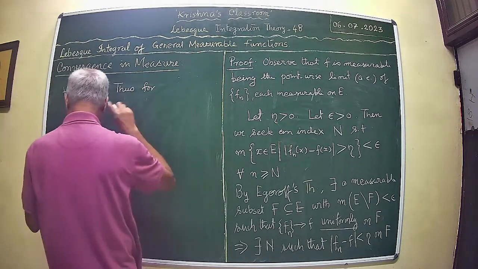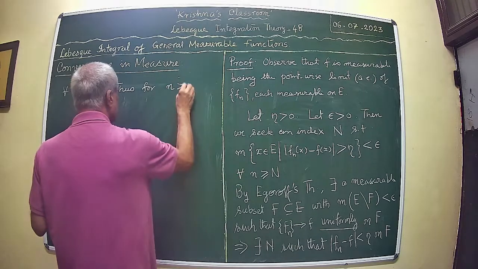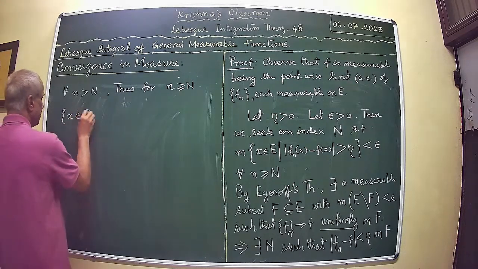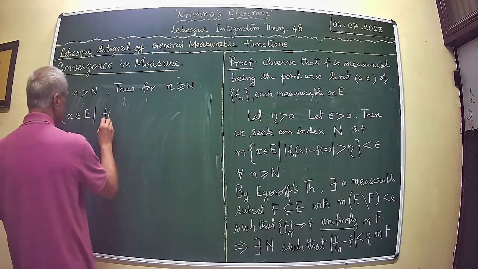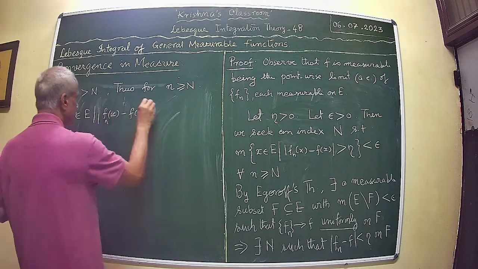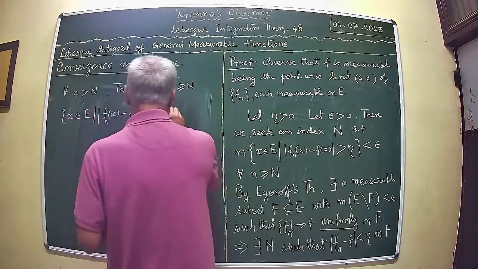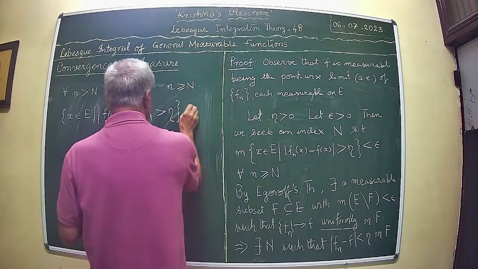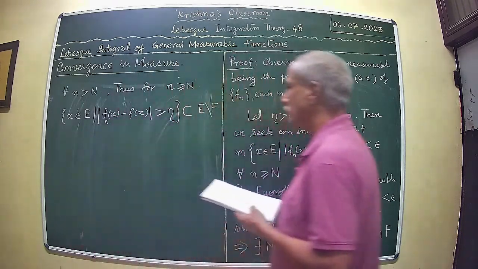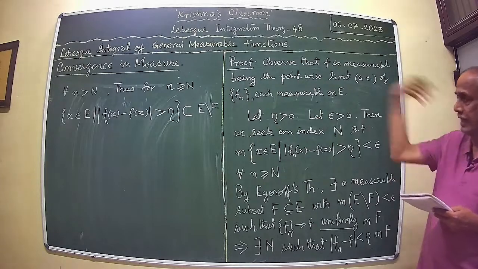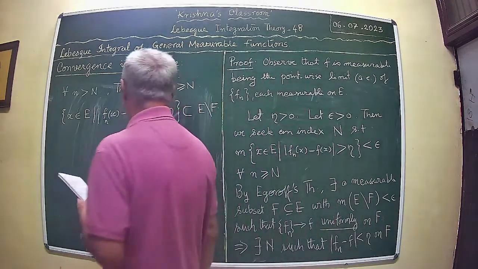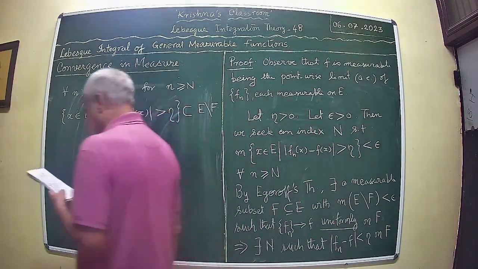Thus for n greater than or equal to n, the set of all x belonging to E on which the difference is greater than eta is a subset of the complement, because on the entire F you are going to have this less than epsilon for all n greater than some particular n. What does this mean?